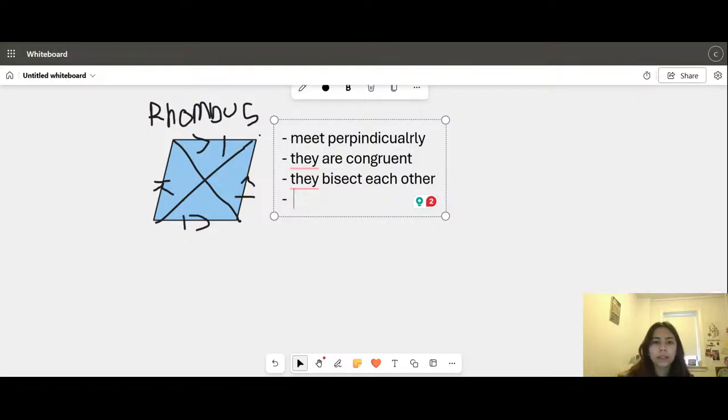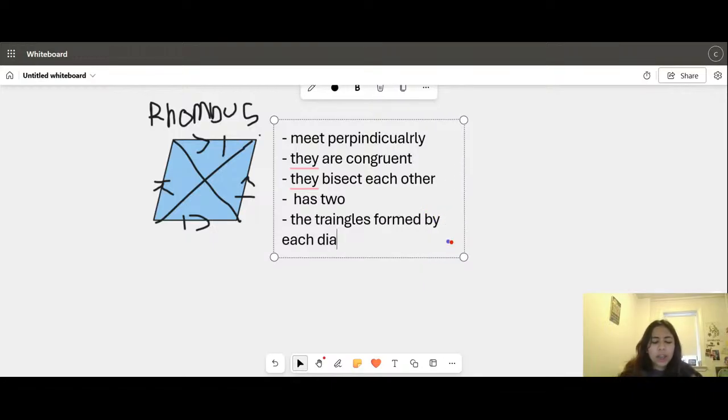Okay, oh right, well I guess it's kind of obvious, but we can write it. Has two diagonals. All right. Well, it's the same thing as rectangles. We can say that clearly, if they bisect each other, the triangles formed by each diagonal are congruent.